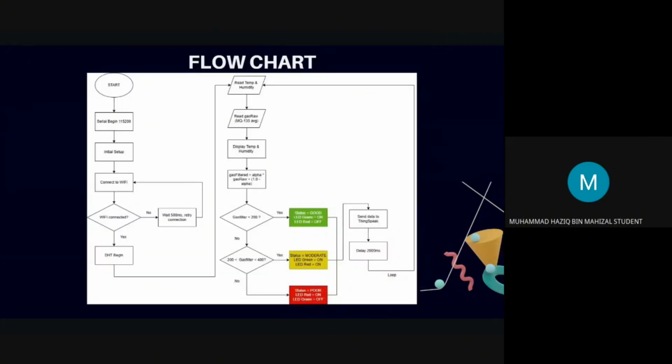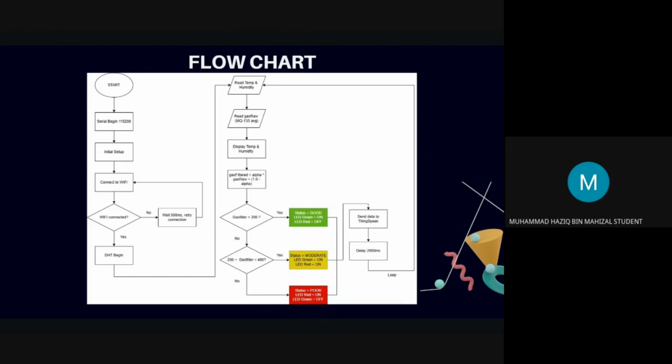As we start our project, the initial setup will begin, and then the Wi-Fi connection. If connected, the sensors start integrating. If the Wi-Fi is not connected, it will have a 500 millisecond delay and retry the connection.